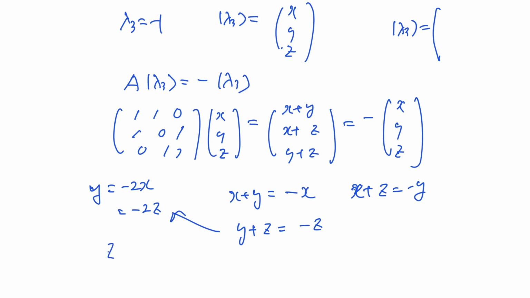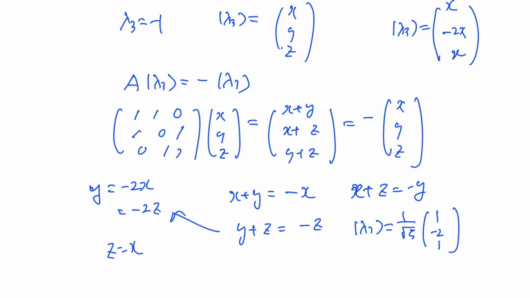And x plus z is minus y, y plus z is minus z. So y equals minus 2z, and x equals z. So the eigenvector must be of the form x, minus 2x, x, right? So lambda 3 must be 1 over square root of 6 times 1, minus 2, 1. Square root of 6, because 1 plus 4 plus 1 is 6.